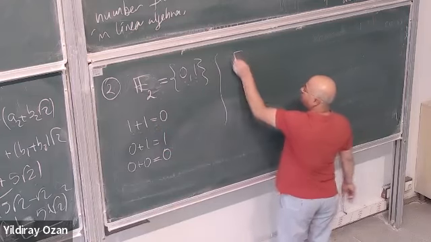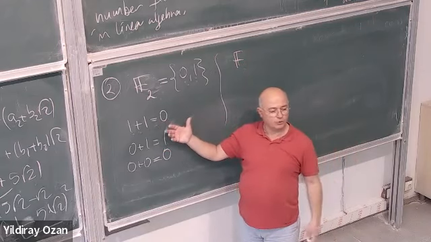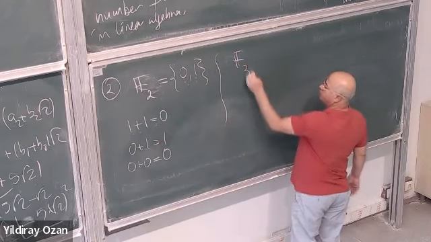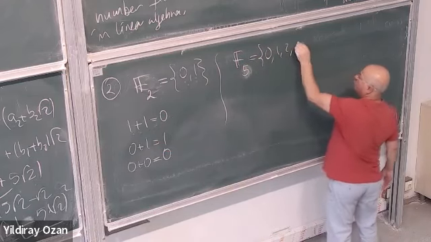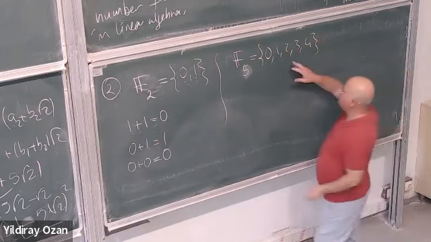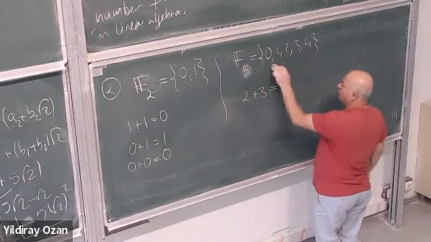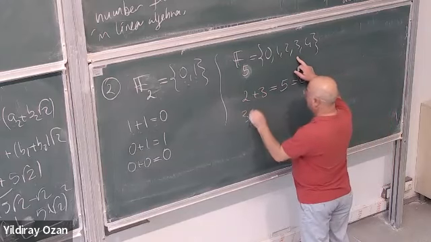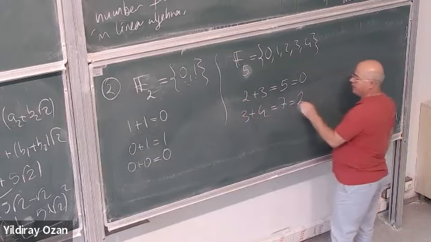Another field, so this is actually modular arithmetic, right? You are doing arithmetic in mod 2. This is F3 or let's say F5. So there's 0, 1, 2, 3, 4. How do you add two elements? For example, 2 plus 3 is 5, but 5 modulo 5 is 0, right? 3 plus 4 is just 7. 7 is the same as 2.